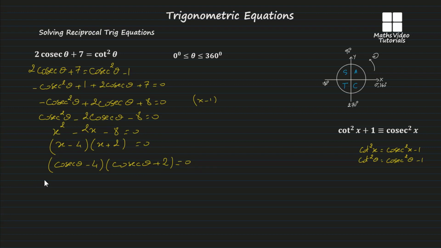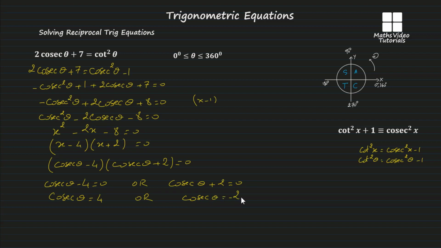So we have either the first bracket equals 0, that is cosec theta minus 4 equals 0, or cosec theta plus 2 equals 0. This equation will give me cosec theta is equal to 4, and this equation will give me cosec theta is equal to minus 2.